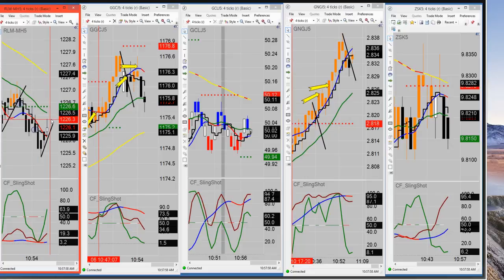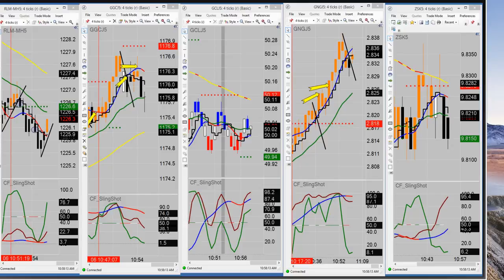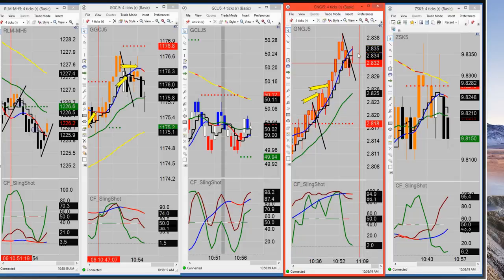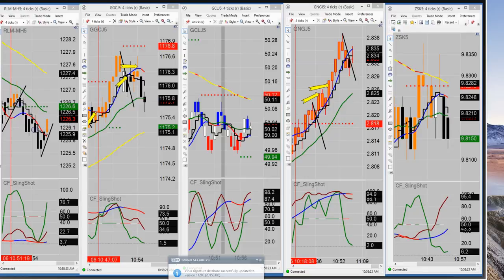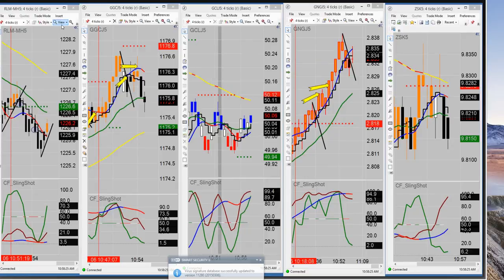Okay, over here on the Russell, 26.3 is the high, 25.9 will be the low. Obviously 25.9 won't be below the trend line, but the next one down would be. Okay. On the natural gas, now we're looking at 832 is the low and 836 is the high.